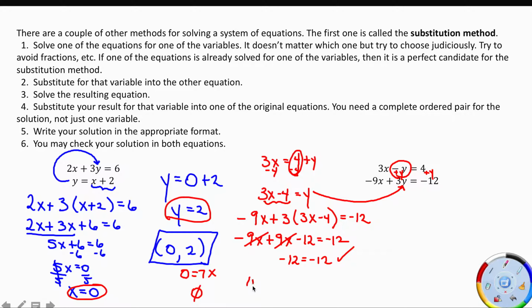The way we're going to write our infinite solutions is we'll be told to leave one of the variables arbitrary, right? Let's just say they tell us to leave x arbitrary, and they could tell us either one. So if it's x that's arbitrary, it means I'm going to write my ordered pair with an x. If it said leave y arbitrary, I'm going to write my ordered pair with a y.